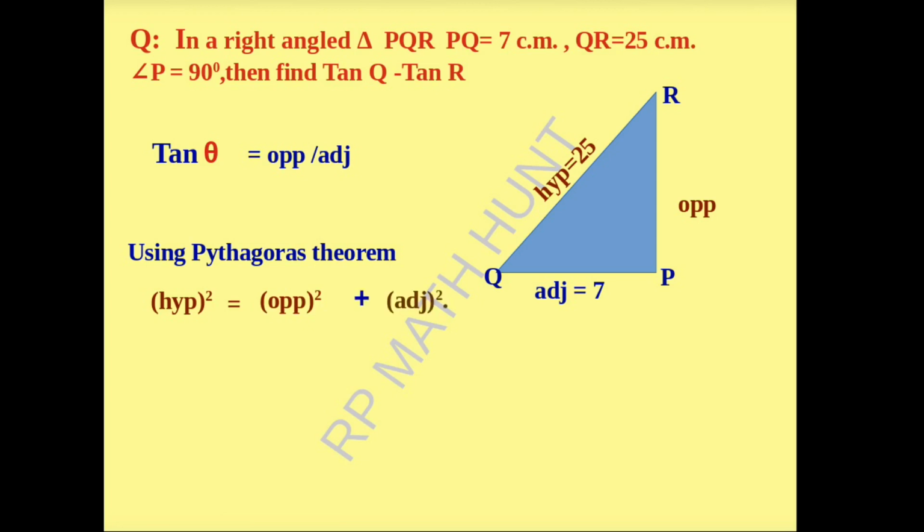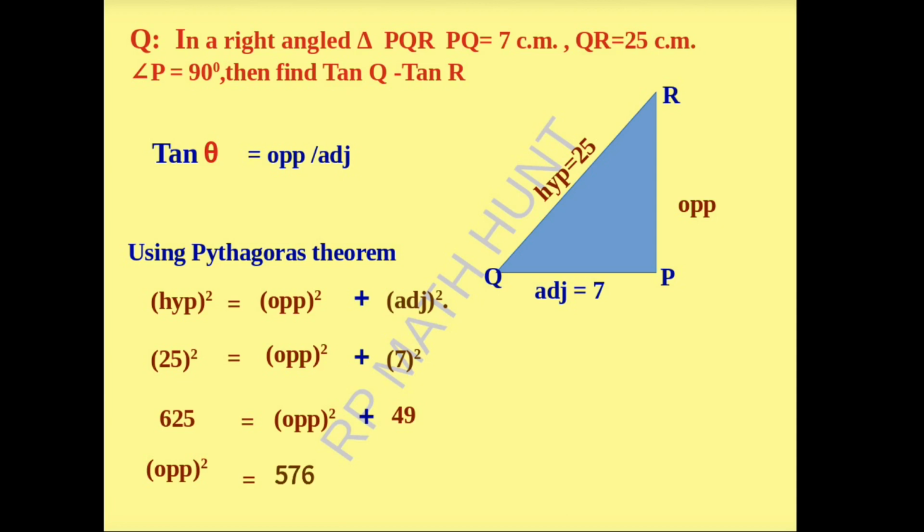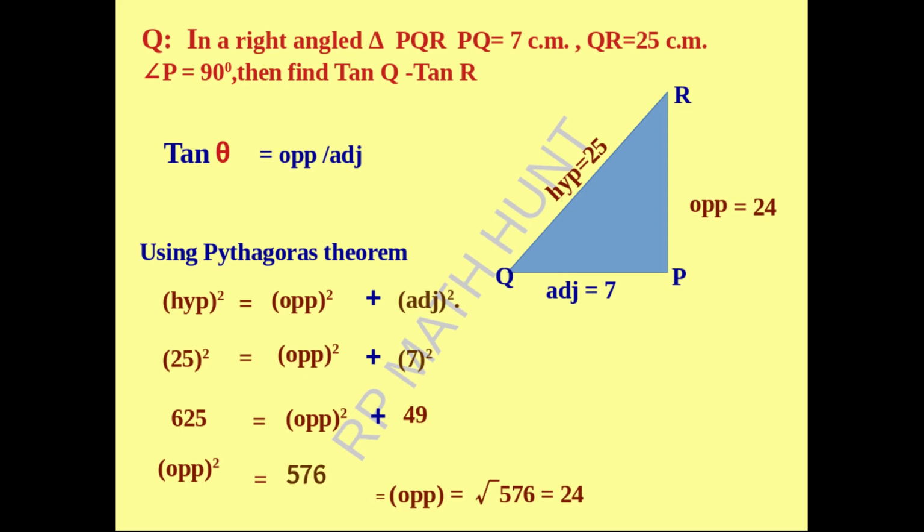Using Pythagoras theorem, hypotenuse square is equal to opposite square plus adjacent square. Now, hypotenuse square 25 square is equal to opposite square plus 7 square. 625 is equal to opposite square plus 49. Then opposite square is equal to 576. Then opposite is equal to root of 576, which is 24. Now we got the opposite side length as 24.